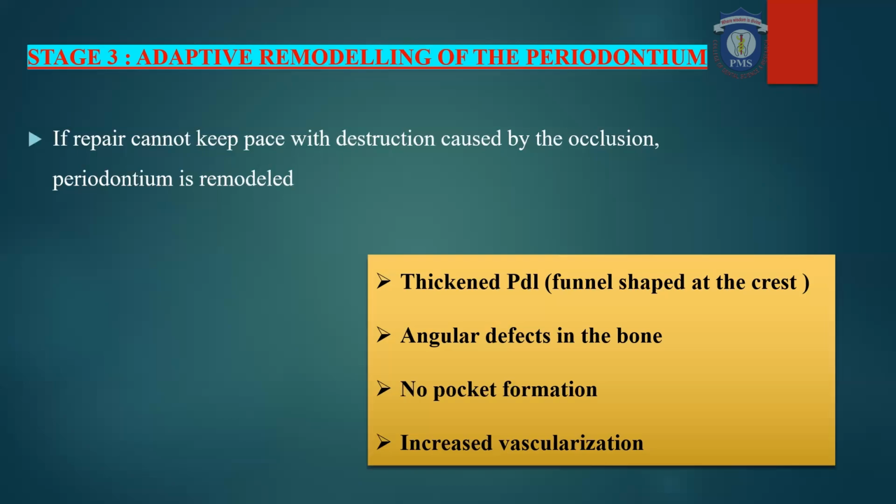Changes occur on both sides, areas of pressure and areas of tension. Stage 2 is the repair stage, in which buttressing bone formation is seen, either central buttressing or peripheral buttressing. Stage 3 is adaptive remodeling, in which the periodontium itself gets remodeled to adapt to the traumatic occlusion. So these are the 3 stages of tissue response.